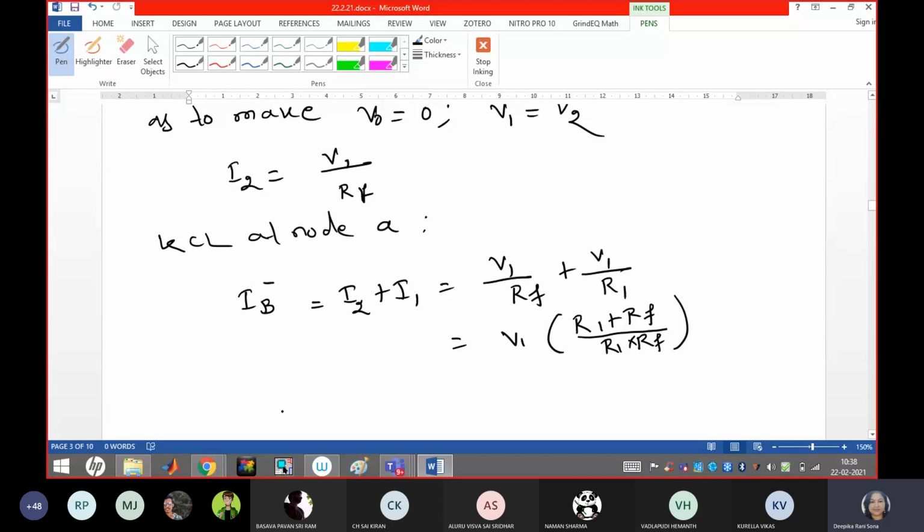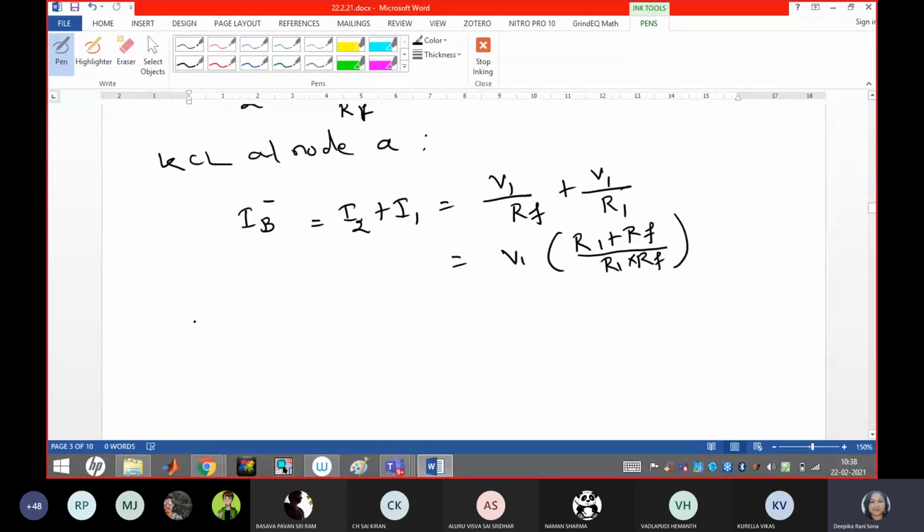So now assume IB plus equal to IB minus. What we can write here, IB minus, we got that. And now we are assuming IB plus equal to IB minus. So V1 into, the same term, take numerator and denominator, just exchange that.